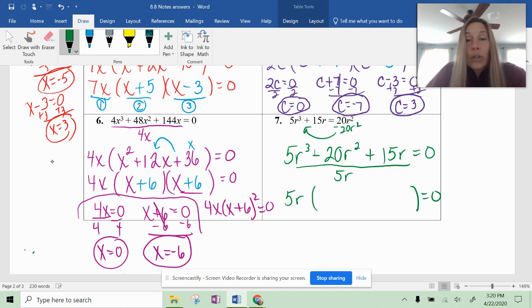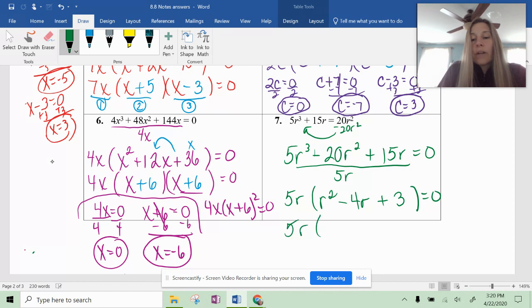So 5r cubed divided by 5r is going to leave you with r squared. Negative 20r squared divided by 5r is negative 4r. And 15r divided by 5r is going to be 3. And then you would want to see if you can finish factoring that. So r and r, 3 and 1, and they're both going to be negative signs.